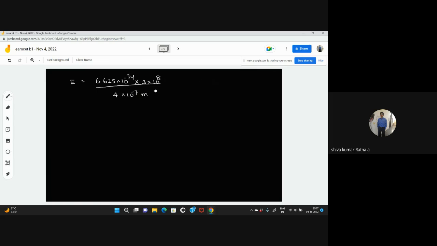So we get energy in joules. 6.625 times 3 is nearly 20, 20 by 4 is about 5, with the powers minus 27 plus 8, which is 10 to the power of minus 21. That will be 5 into 10 to the power of minus 21 joules.